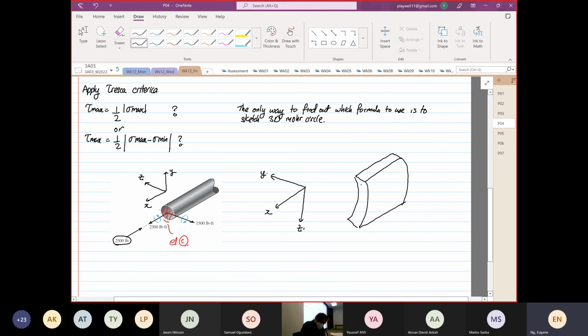So the shear stress will look like this, because the torque is rotating this way, so you follow the torque direction. This is torque, the x direction. Then what do we have after that? We know that we have a stress x expression.